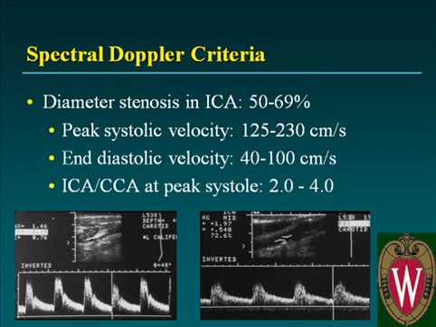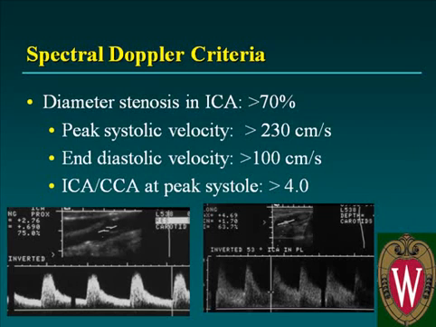For diameter stenosis in the 50 to 69% range, which is a borderline range that exists between non-significant stenosis and stenosis that is non-surgical, is identified when a peak systolic velocity in the 125 to 230 centimeters per second range and end diastolic velocity in the 40 to 100 centimeters per second range, and an ICA-CCA peak systolic ratio between 2 and 4.